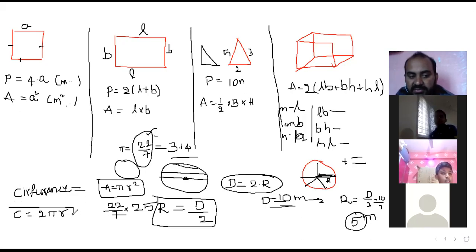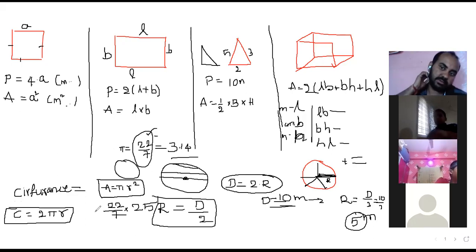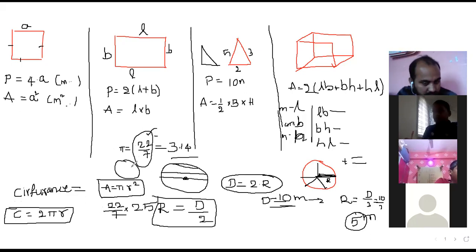What is the circumference formula? 2 into pi into r. Note down these formulas. Copy the formula.